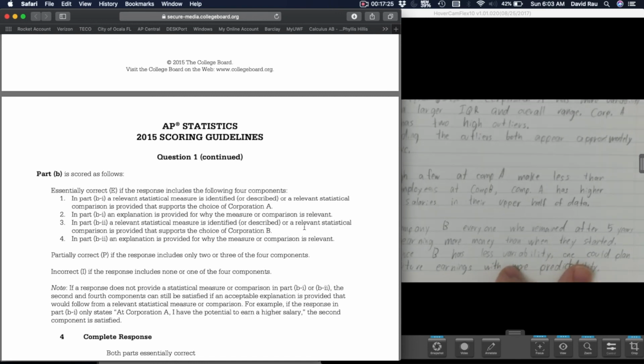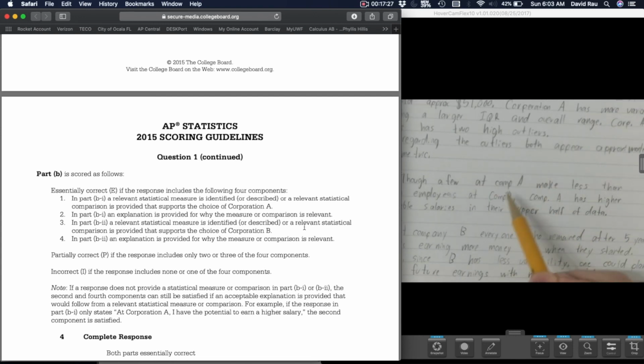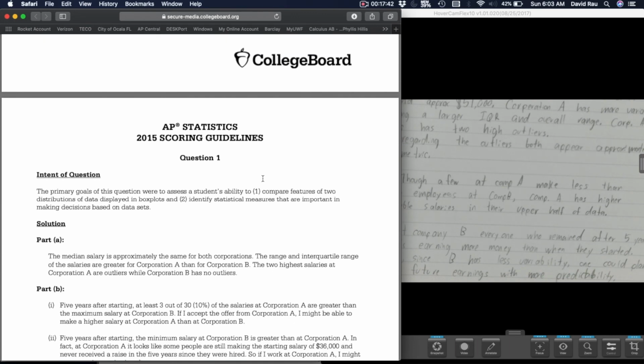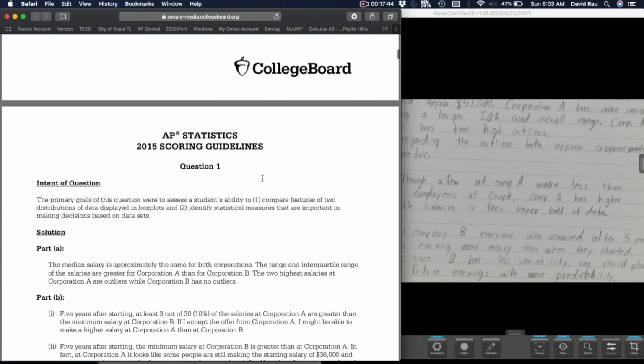So I think at part A, I would definitely emphasize the fact that there are outliers. Even though there are outliers, there is the potential of making more money than anyone at company B. I'm really bringing the data into it. So, yeah, in other words, make sure you're being really descriptive. And I'm taking up some of my time to talk through the question, and hopefully I'd be filling up that time in the exam, just really hashing out my ideas.